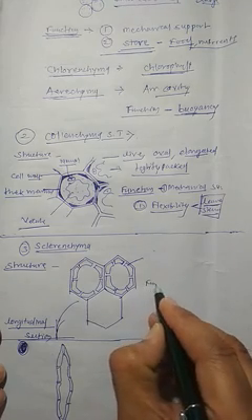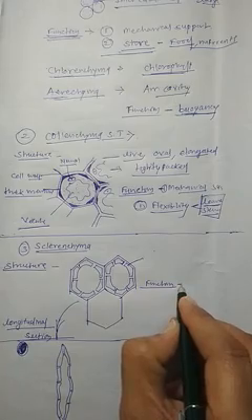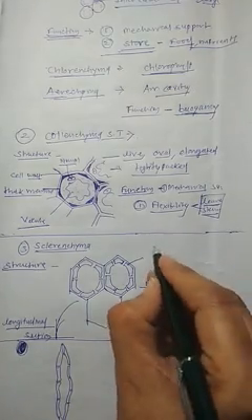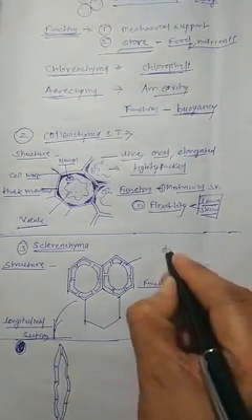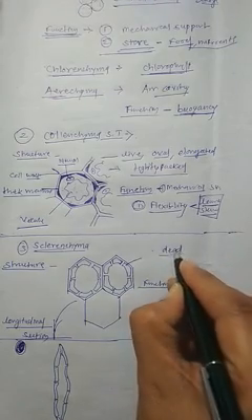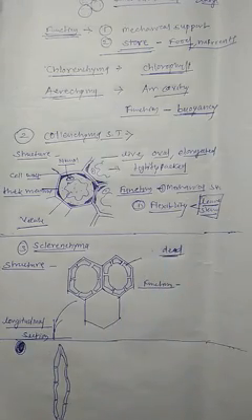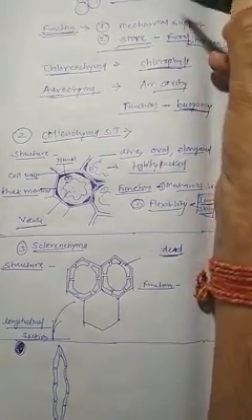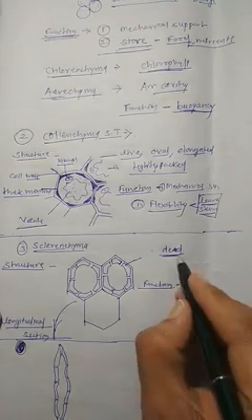Function. We can also write here sclerenchyma. These are dead. This is the special feature. Parenchyma cells are live, collenchyma also live, but sclerenchyma is dead cell tissue.